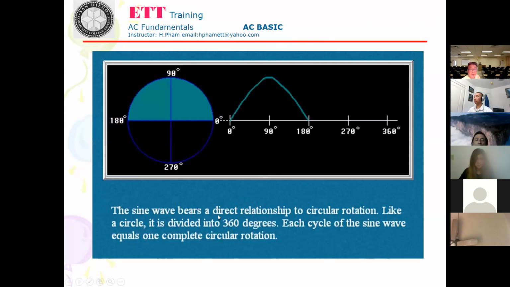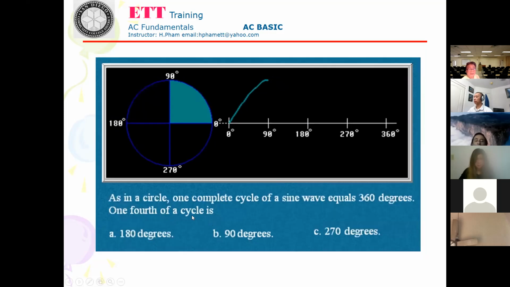Okay, the sine wave has a direct relation to circular rotation, like a circle. It is divided into 360 degrees. Basically, you can get this at a half, and it can go a maximum of 360 degrees for a complete cycle.